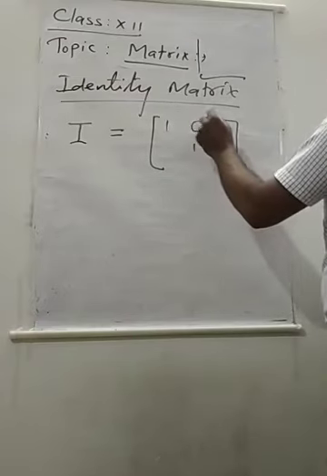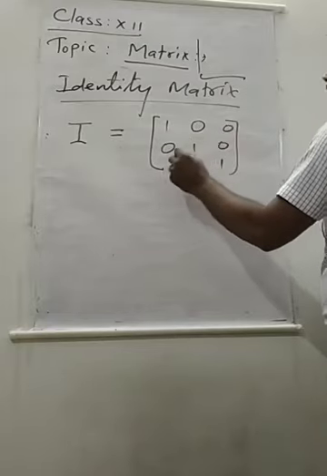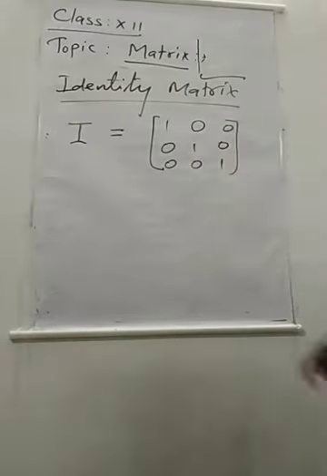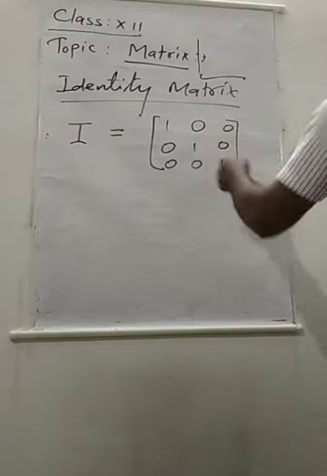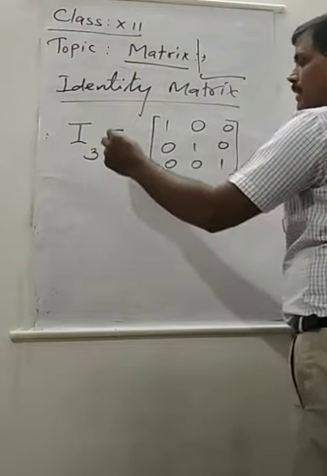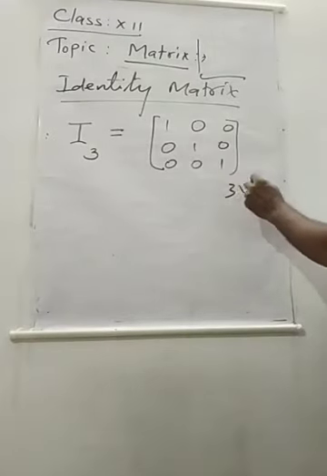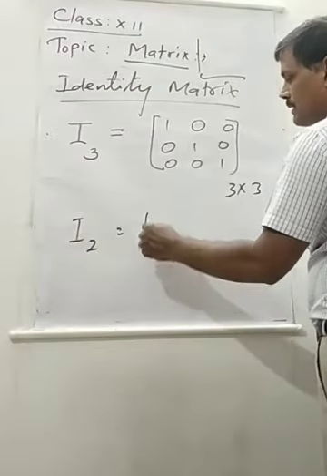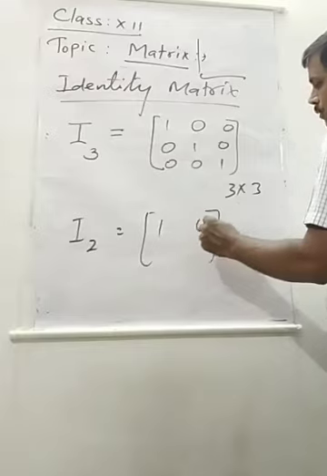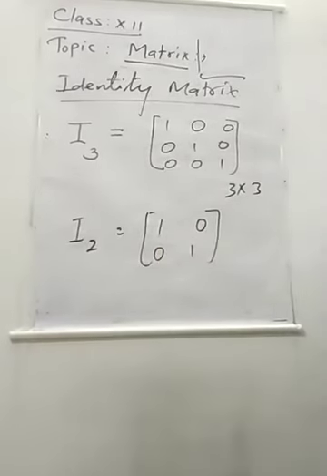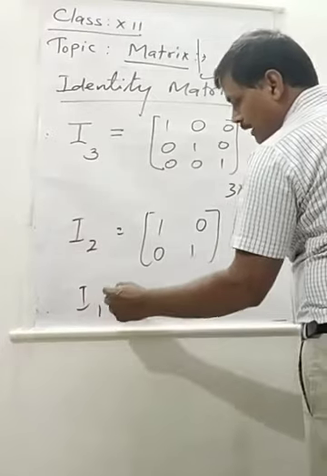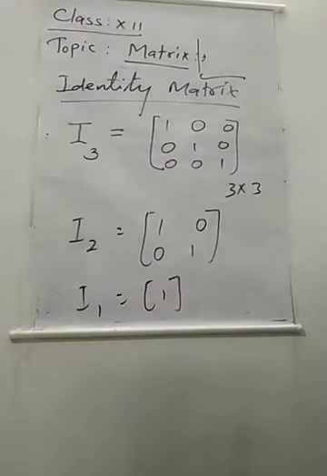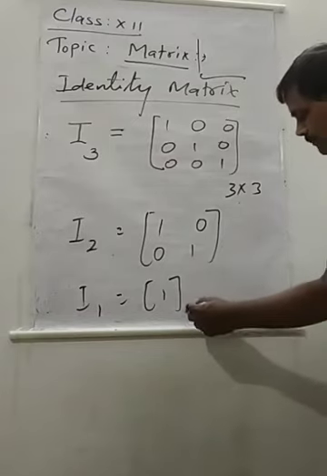Identity means unit. So 1 0 0, 0 1 0, 0 0 1. See, this is a specific type of identity matrix. It is also known by the symbol I3. Why I3? Because its order is 3 by 3. And the other is I2, means it will be of 2 by 2 order: 1 0 0 1. And I1 also we have. I1 will be equal to 1. Means this identity element is of order 1 by 1.